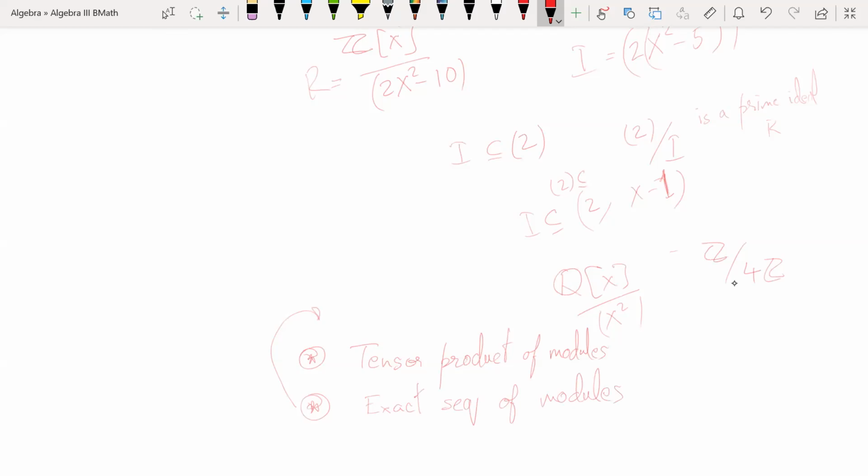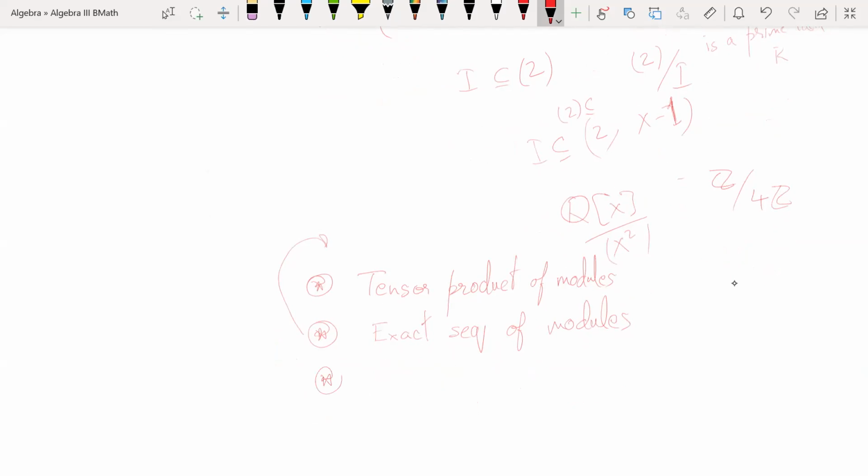And then projective modules. These things I would have done, and if you want to read further, there is something called flat modules.